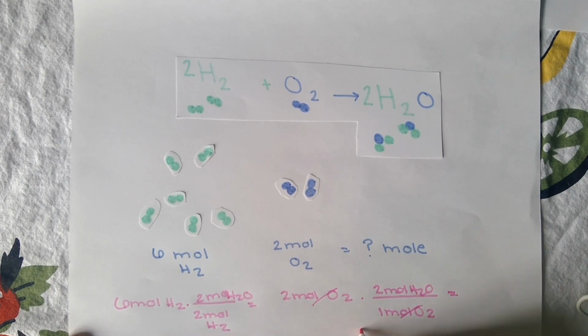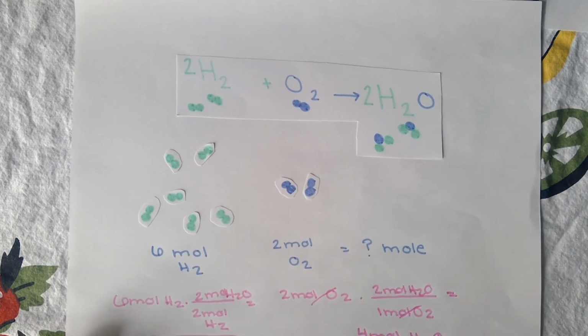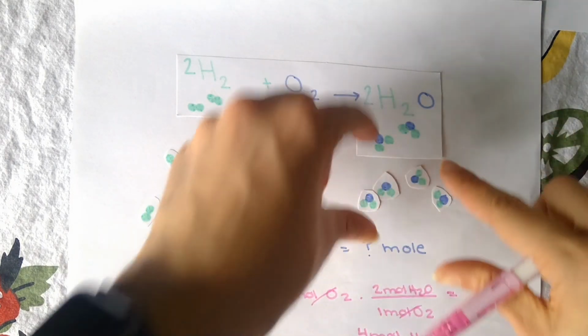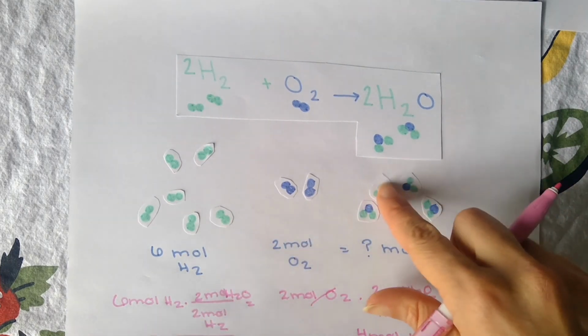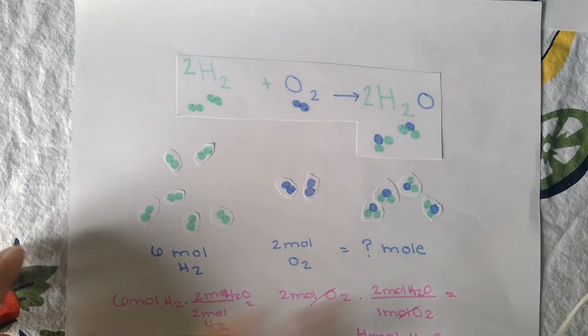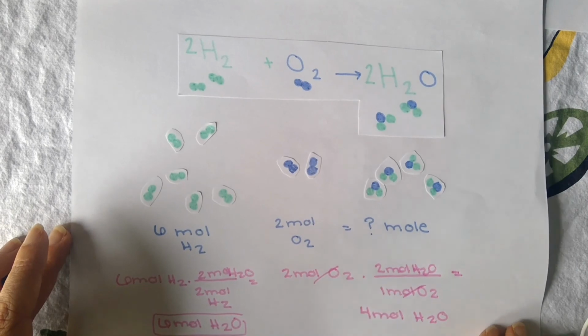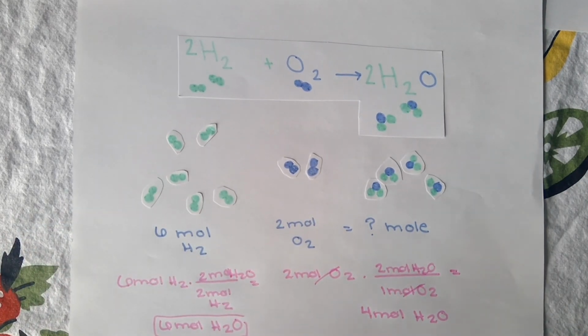And what I see is that I will be able to produce 4 moles of water. So the maximum amount that I could produce based off of this is 4 moles of water. That is my maximum.